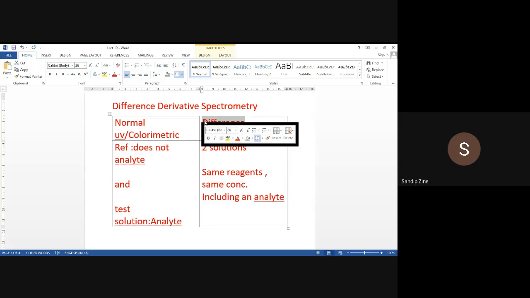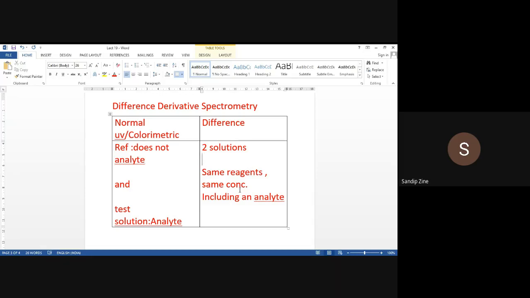Since an analyte is present in both solutions, these solutions are not designated as the reference solution and test solution. Here you are observing a clear-cut difference. This is a reference, this is a test. Here we are talking about two solutions, so there is no such designation. They contain the same reagents, same concentrations, including the analyte. So why is it called difference spectrometry?